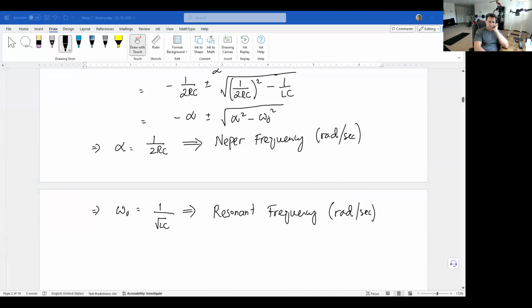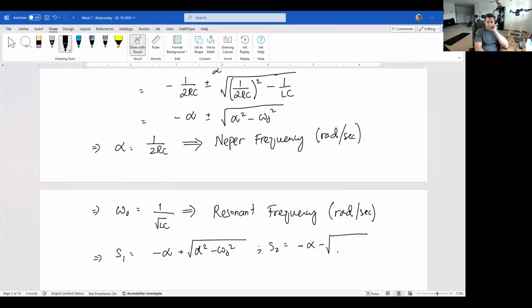And our response: S1 is negative alpha plus the square root of alpha squared minus omega naught squared, and S2 is negative alpha minus the square root of alpha squared minus omega naught squared.